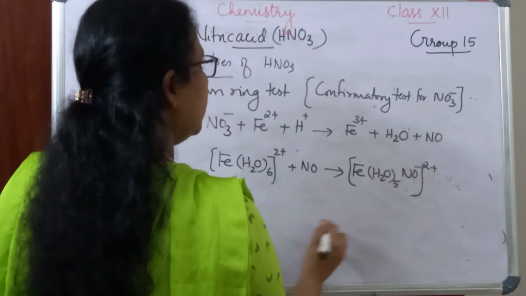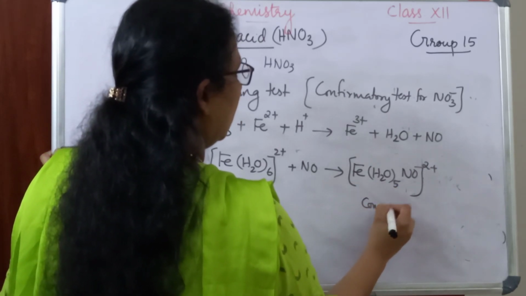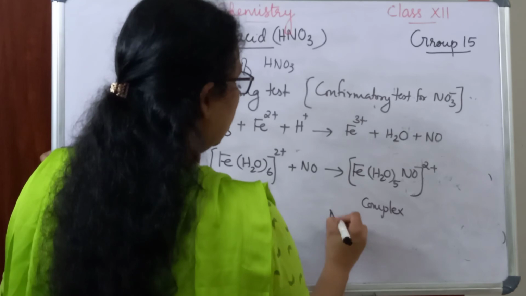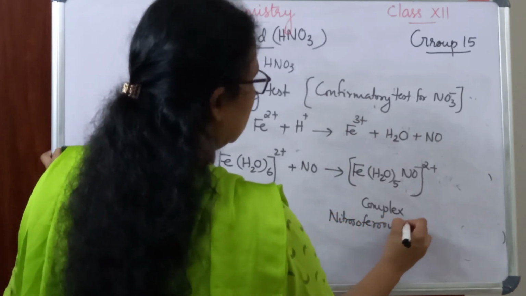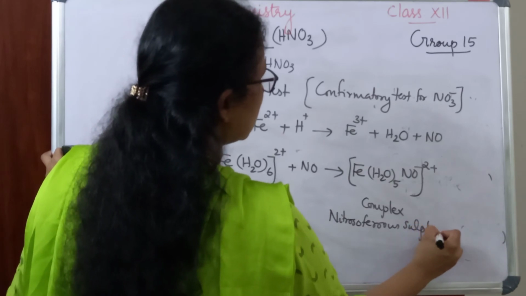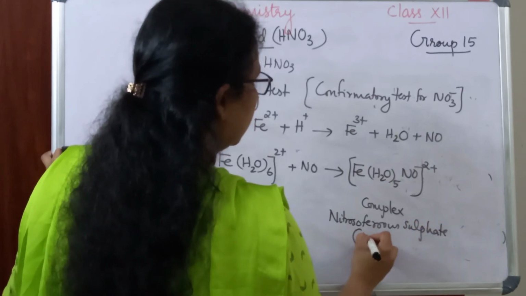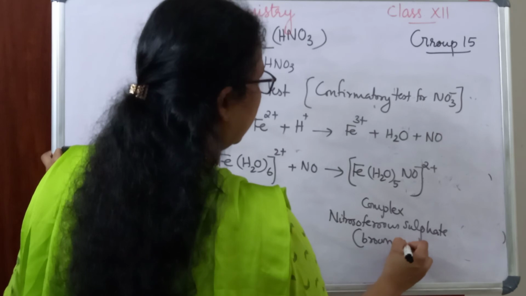So this will be the complex which is called nitroso-ferrous sulfate, which is actually the brown ring.